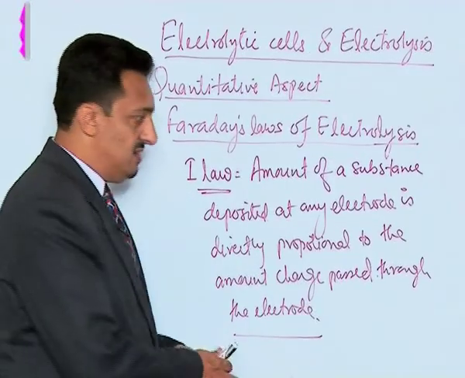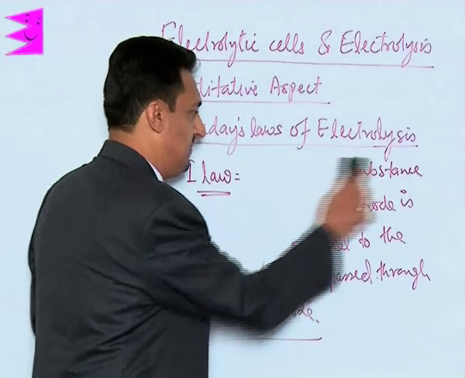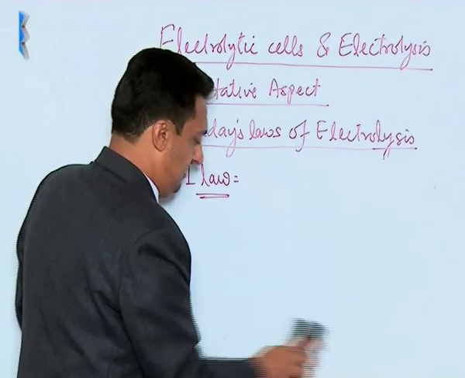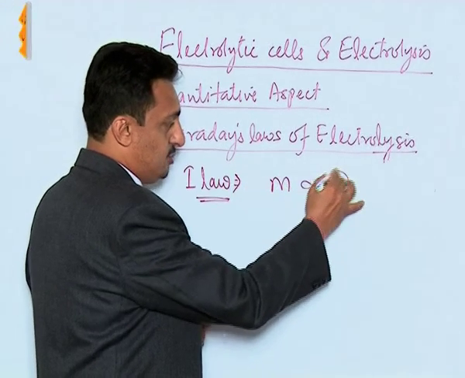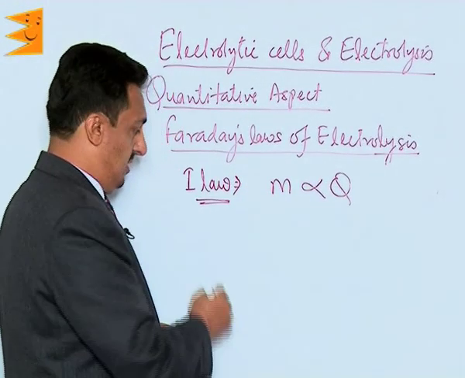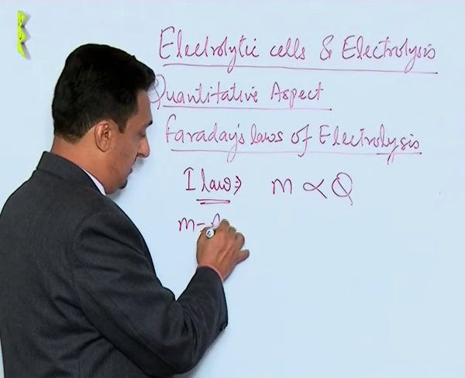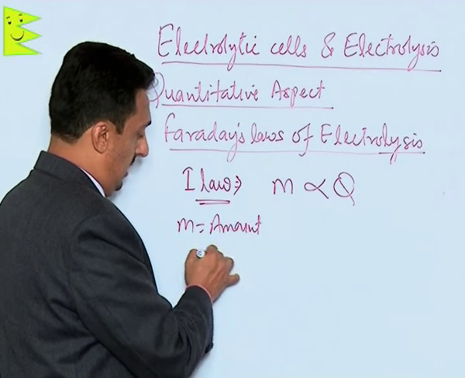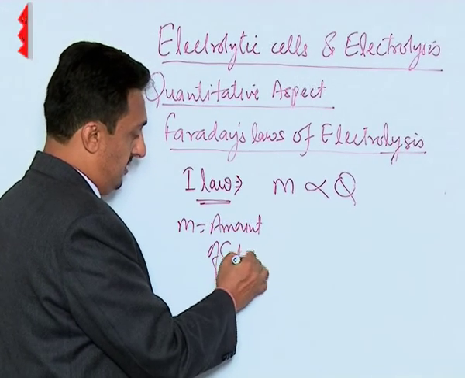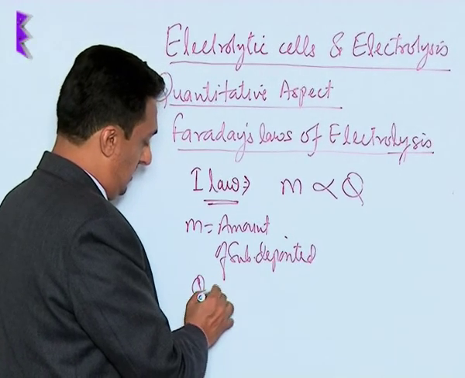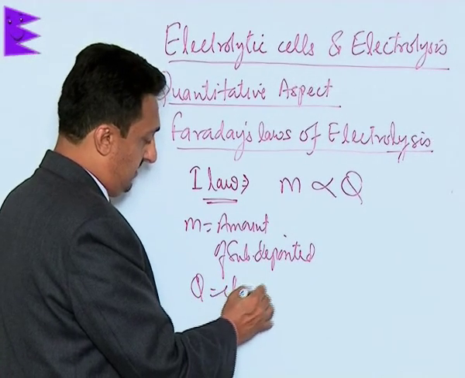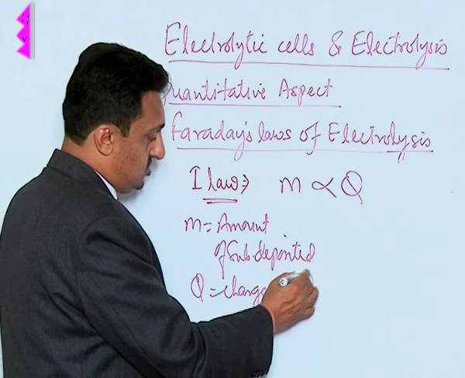Now we can convert this into a formula, which can be written as M is proportional to Q, where M is the amount of substance deposited and Q is the charge passed.